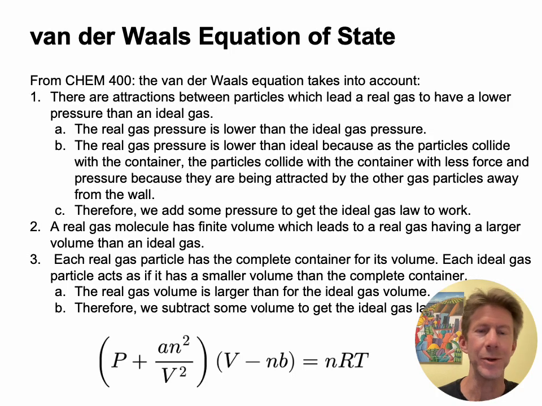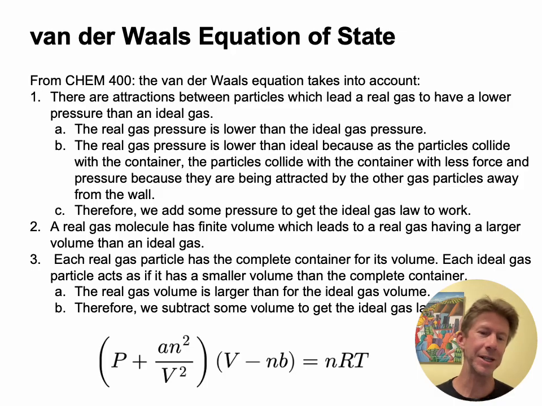Now, the van der Waals equation of state. So review, here's the equation down here. It's a real gas equation. It takes into account that there are attractions between the particles.